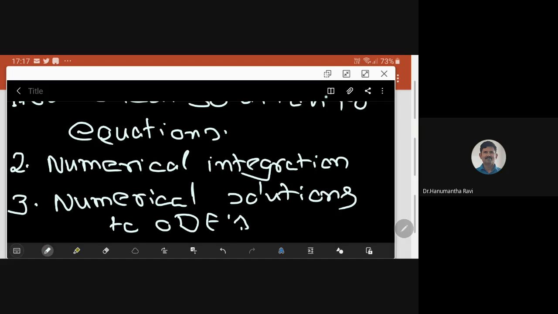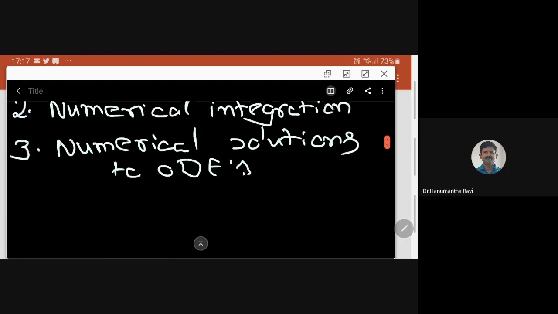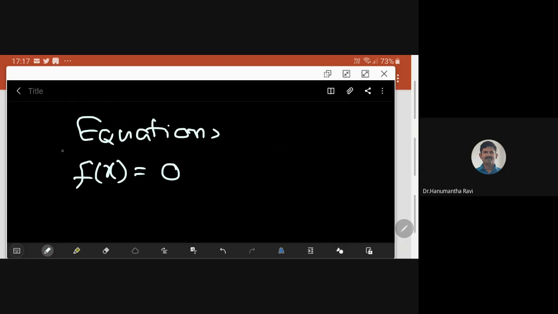So, when we come to numerical solutions to equations, when we discuss equations, you usually see something like f of x is equal to 0. This is an equation. In the left hand side you have the expression part and the right hand side is a 0.